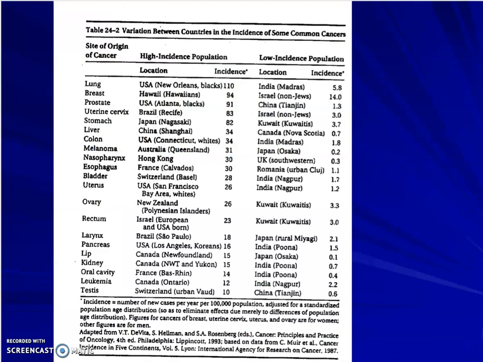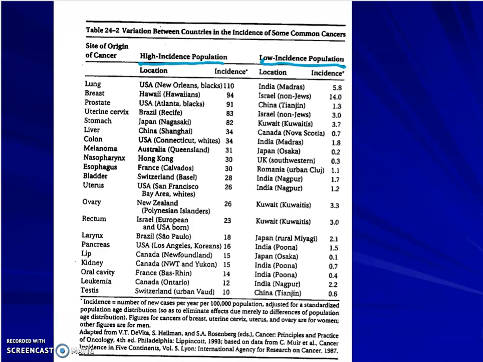So here's something interesting too. At first sight, this table might not seem interesting to you at all, but the point here is that for every cancer, you can take a look at where's the high incidence population, where's the low incidence population. The high incidence population on this side and low incidence population on that side. And the difference is pretty extreme in many cases. So let's just give an example.